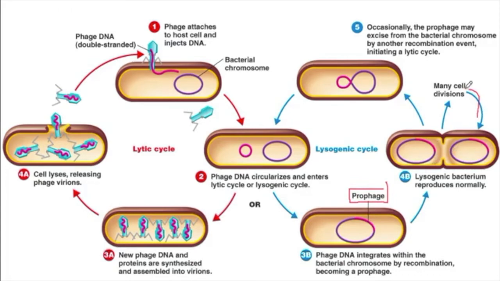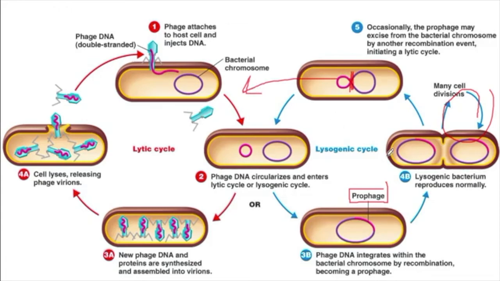So there's one cycle. There are instances, however, where through some recombinant events, you could have the virus DNA cut off or excised from the bacterial DNA. But once this happens, it will then enter the lytic cycle because the two are separate now. And then the lytic cycle would take over.